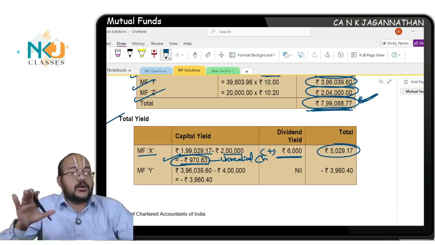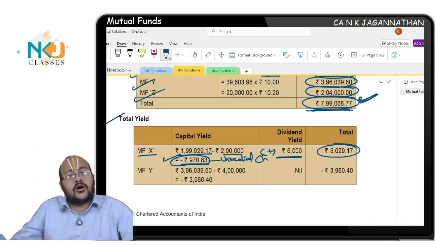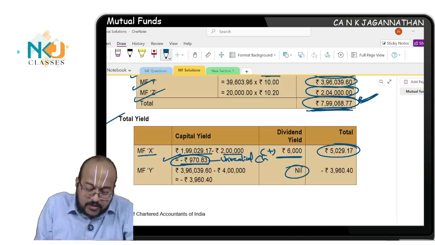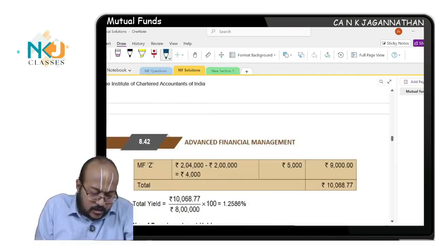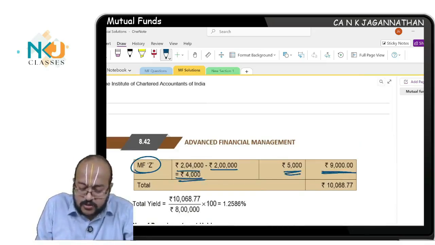Are you understanding? Total yield means you consider the capital gains portion or capital loss, or the income as well, dividend if any. In the second part there is no dividend, no issues, only capital loss is there, minus 3960.4, and it is taken. For mutual fund Z, 2,04,000 minus 2,00,000 is capital gain, plus dividend 5,000, total comes to 9,000.